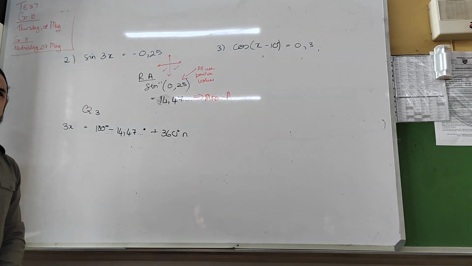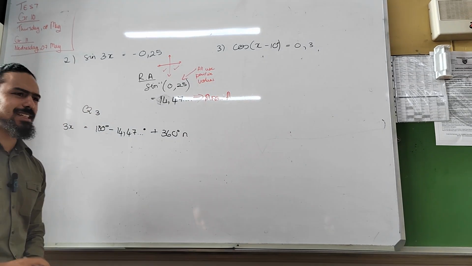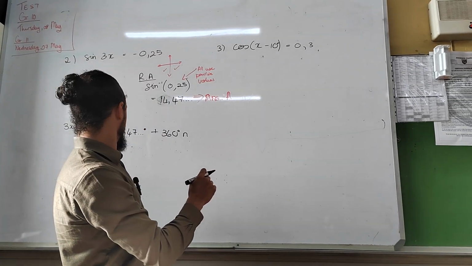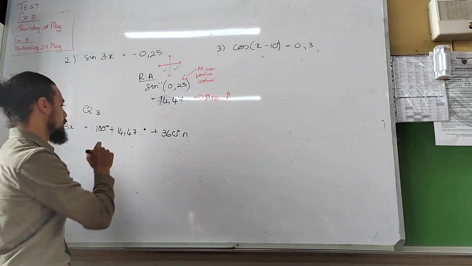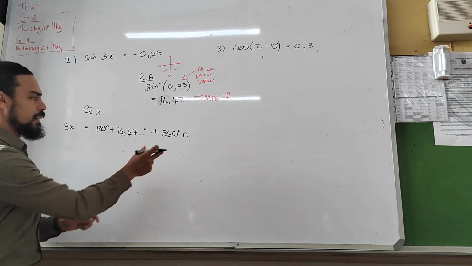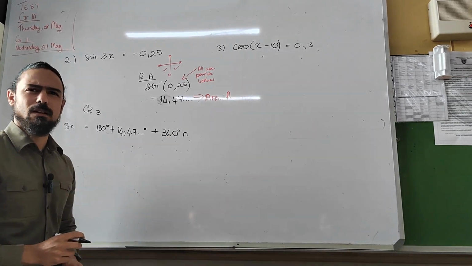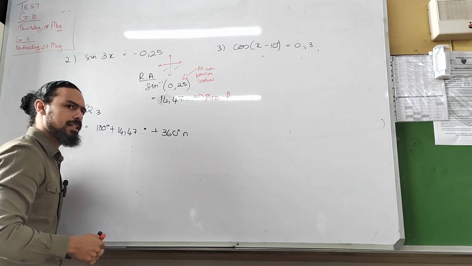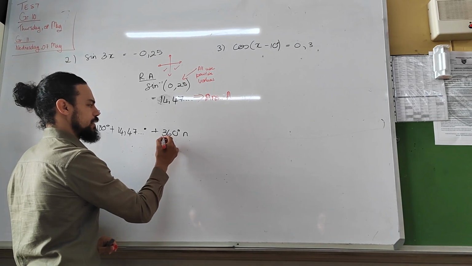Why do I do that again? Because we're working with a general solution. Where does this 360 come from? It is the 180 plus third quadrant. 360n, what does that come from? It's the normal period for the cos and sine function.